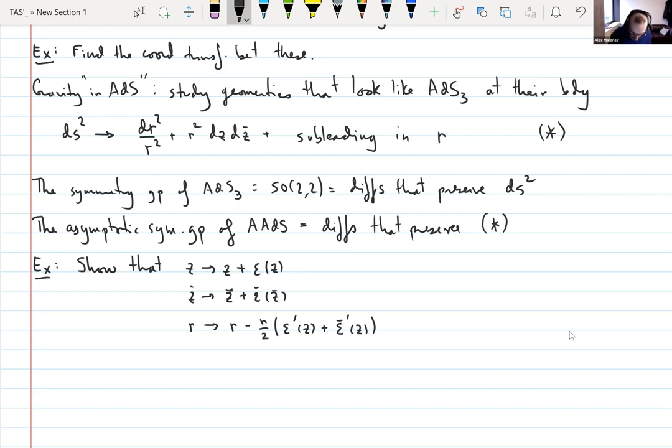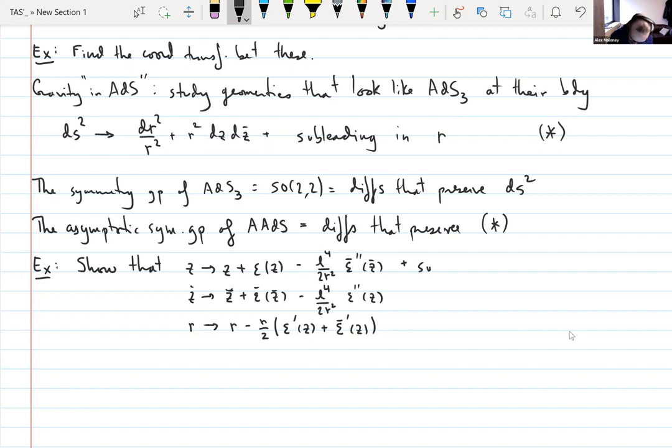And in particular, it turns out that for any holomorphic function of z and anti-holomorphic function epsilon bar, you can always find terms in the diffeomorphism that will arrange themselves in such a way that you'll get a member of the asymptotic symmetry group.